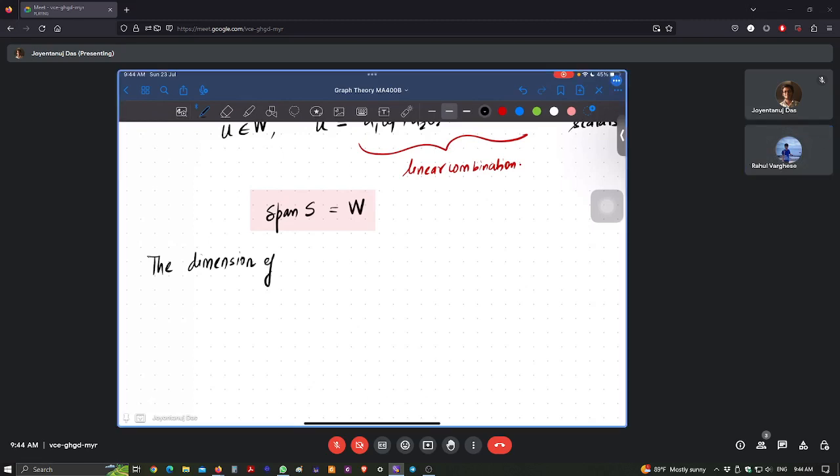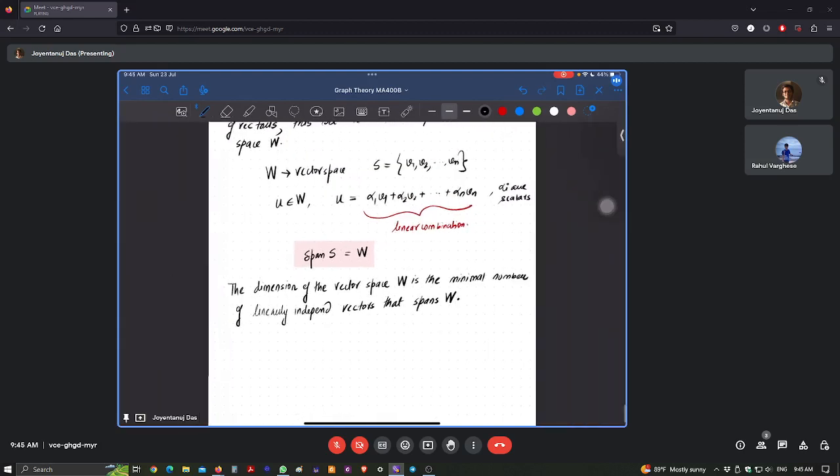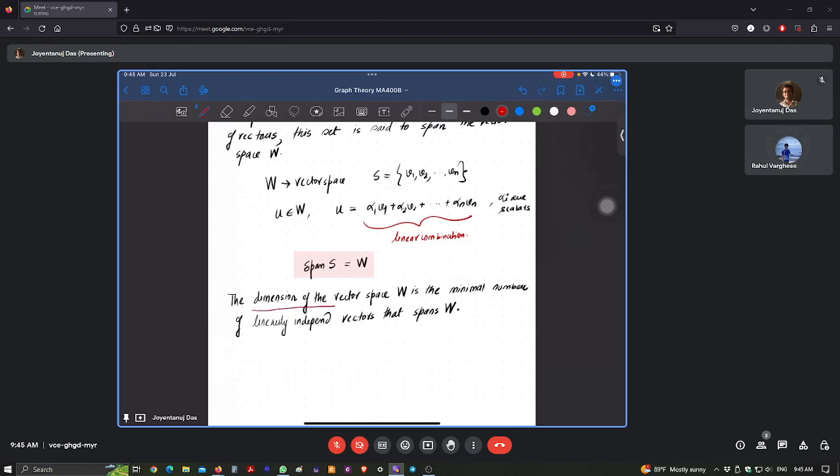The dimension of the vector space W is the minimal number of linearly independent vectors that span W. So what it is saying, the thing is linearly independent. This definition you remember, right?